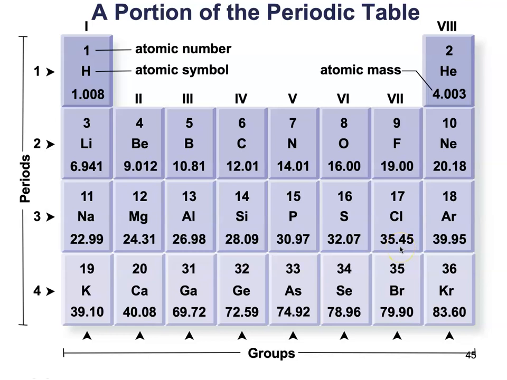So if we have an atomic number of 17, that must mean that we have 17 protons, and we must have 18 neutrons. 35 minus 17 is 18. If we have 17 protons, how many electrons do we have? Very good. If we have an electrically neutral atom, we're going to need 17 electrons to balance out those 17 protons.